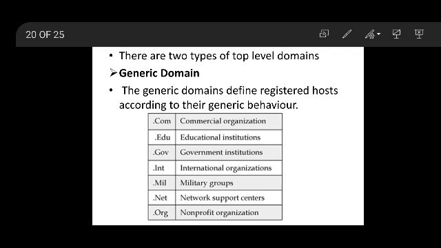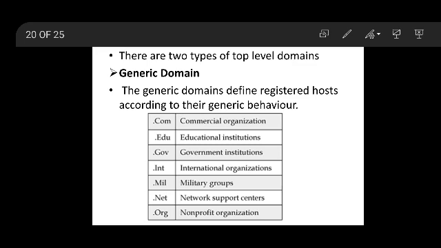Whenever I register my website, there are sites used to register websites, like godaddy.com, which is somewhat famous because it is very much on television. If I'm trying to register, I have to enter the type of organization, the nature and behavior of my company. Based on that I will be given the domain.